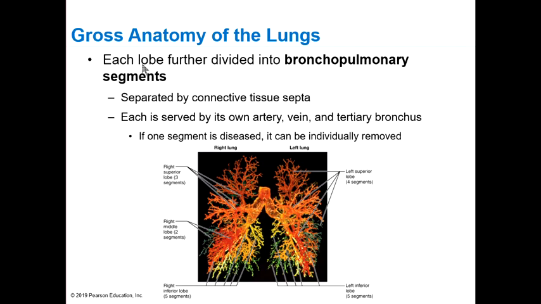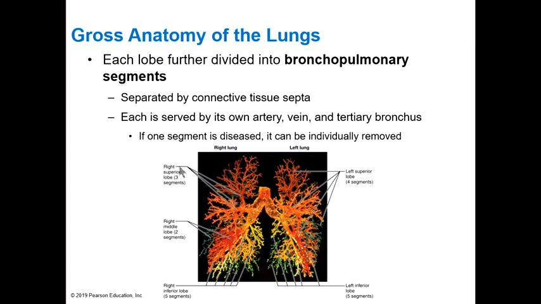So each lobe, 3 on the right, 2 on the left, is further divided into bronchopulmonary segments. Each segment is separated by septa, which is a division by connective tissue. Each is served by its own artery, vein, and bronchus, which means if one bronchopulmonary segment is diseased, it can be removed because there's quite a few others left over.